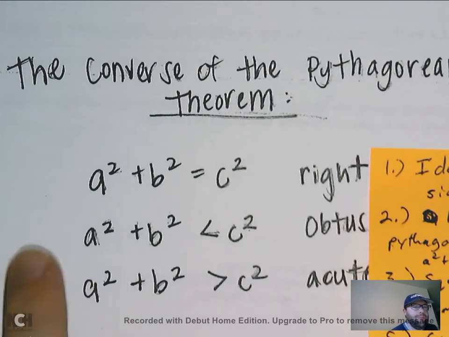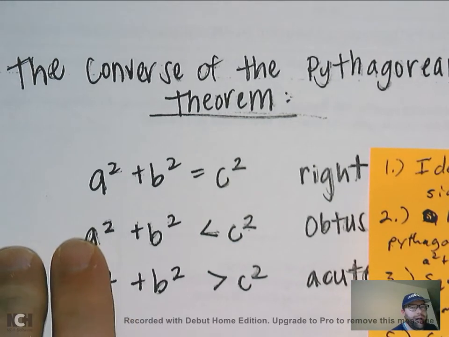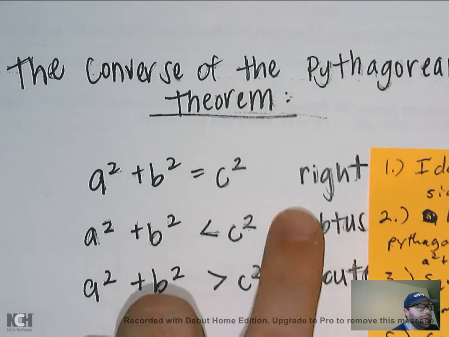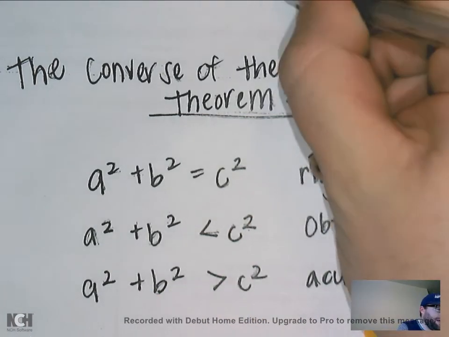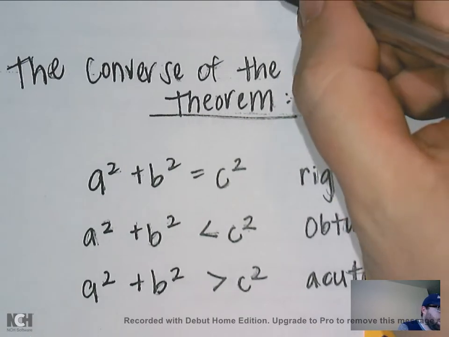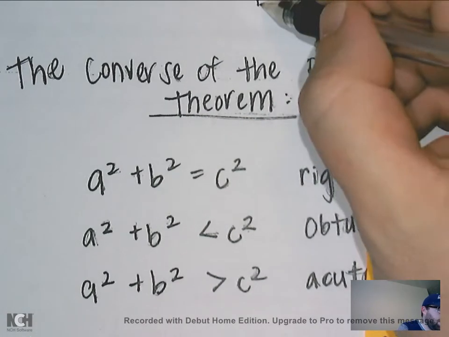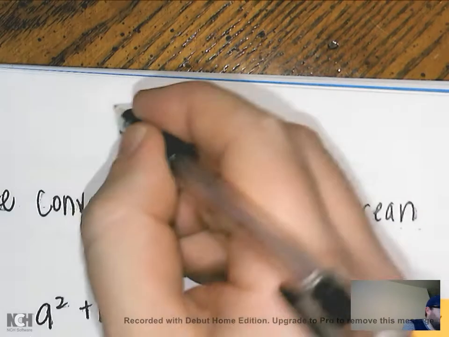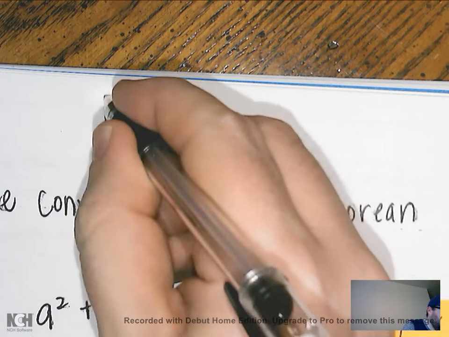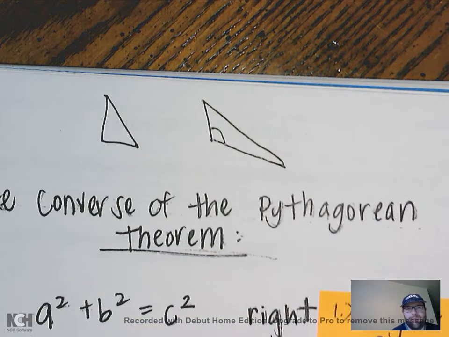If the two smaller sides squared and added together are less than the longest side squared, if you picture that, if the longest side is quite a bit bigger than these smaller sides, it's going to be obtuse. You're going to get an obtuse angle. Again, a right angle has kind of medium lengths.